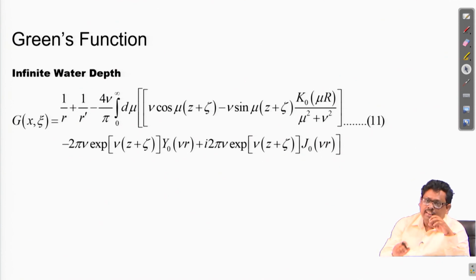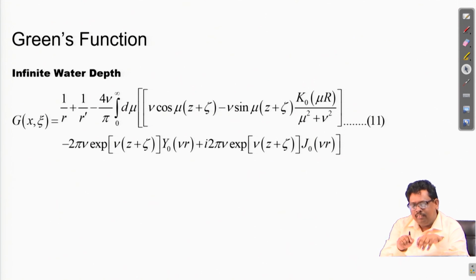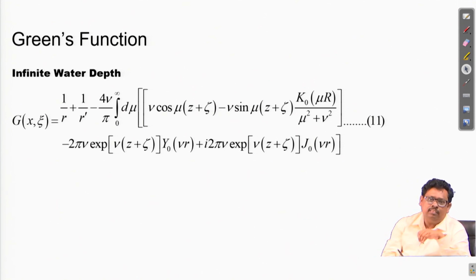That is the main reason I keep telling you that these things are not fully in your hand. Whether the code converges or not depends on what your source point is, what your field point is, how you are doing the integration, many things, and it is not possible for us to look at each aspect by going through the code and making sure that things are going well. However, what we can control from the very beginning are the basic geometry parameters.